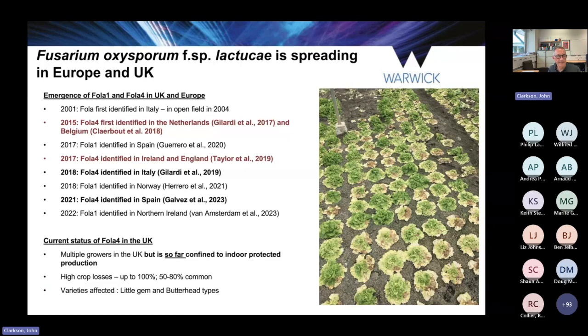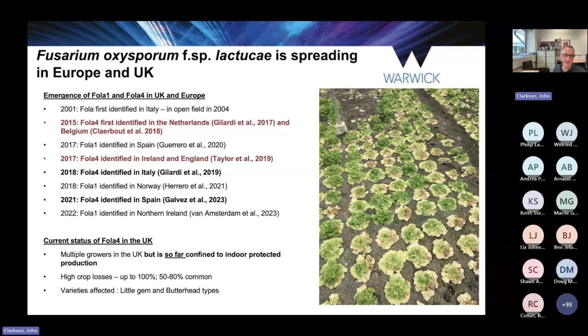So the current status, as far as I know, at the moment at least, is race 4 in the UK. There are multiple growers affected, but it's worth stressing this, for the moment at least, it's confined to indoor protected production. And we're not aware of any outbreaks in the field, but happy to receive any suspect samples if you think it's in the field.